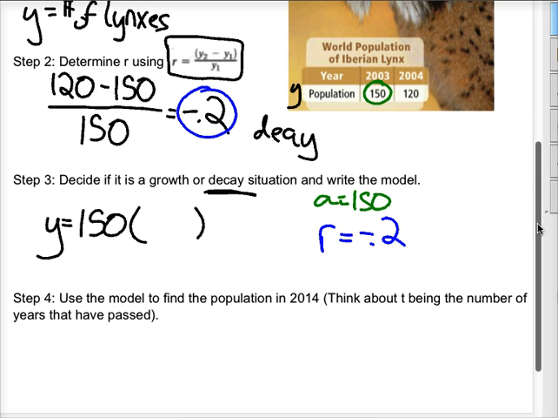In the other ones, we haven't come across a negative R before. All that R is saying is that it's a decrease. So inside our parenthesis, all that's saying is we know to use 1 minus that R. So we're going to get a 0.8 inside there. R was already given as a decimal, and it already incorporated the fact that it is negative, or that it is a decay.